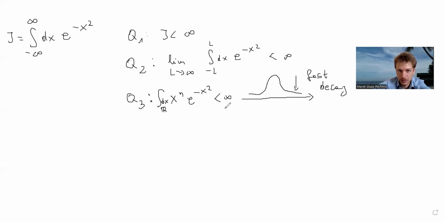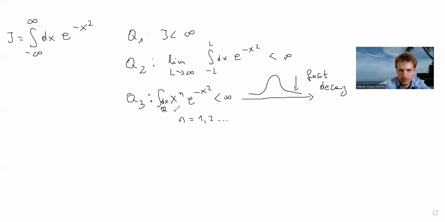And what this means is that the growth of any polynomial, for any n, whatever you choose, any finite n, will never overcome this Gaussian damping. So the decay here is very, very fast.